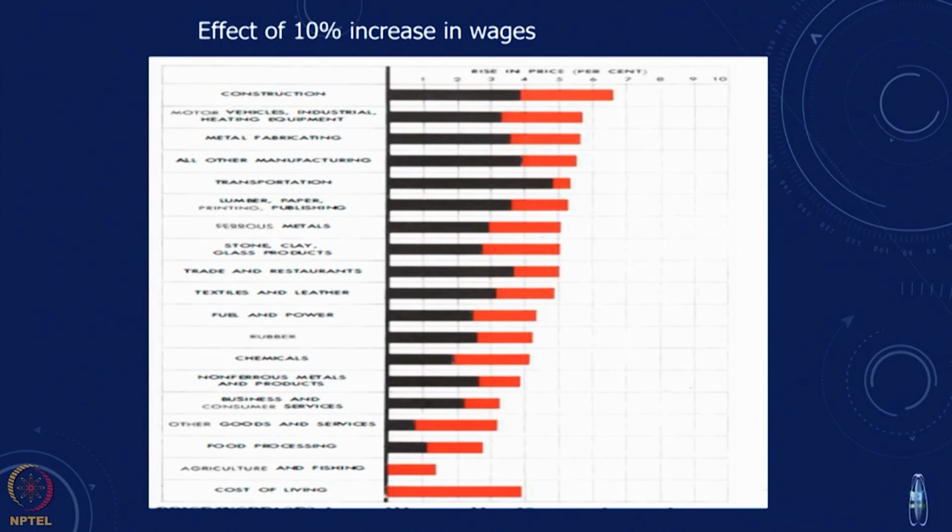Then Leontiev used this for a static, US-wide mapping of all the inter-industry transactions, and wanted to illustrate what happens if we have a 10% increase in wages, how that would affect the overall economy, and showed the impact on different sectors.